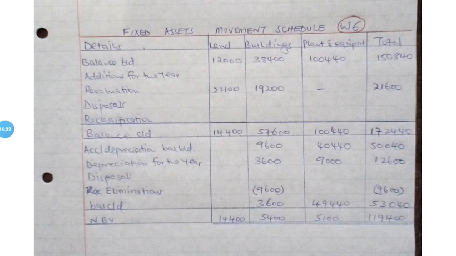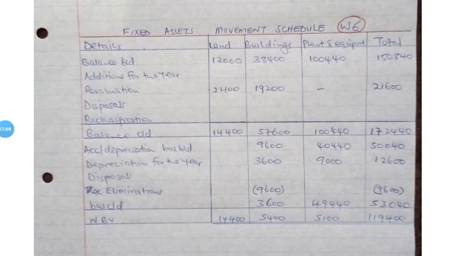But now we have revalued our buildings at 38,400 on 1st January 2013, meaning we don't care how much it was depreciated. We no longer care for its accumulated depreciation.